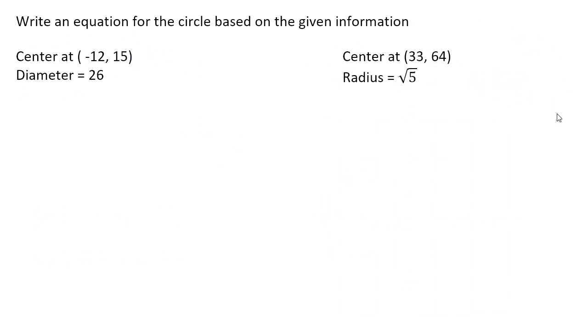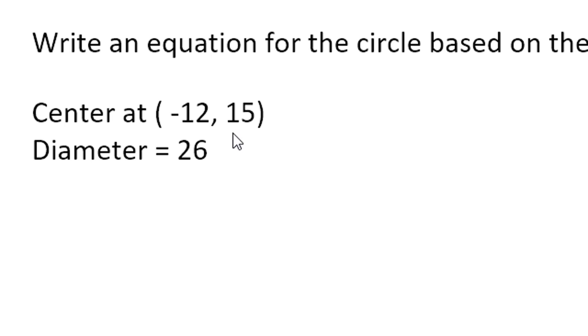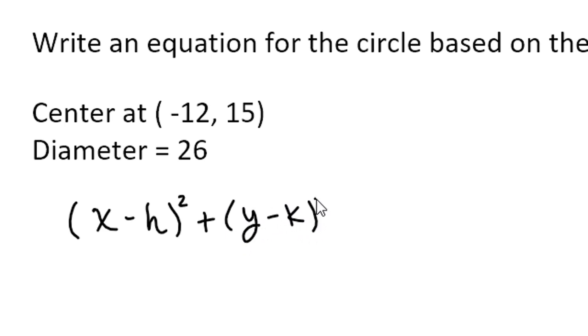These are the last two examples that I'll go over. We need to write the equation for the circle given the following information. The first one, we have the center of the circle at negative 12, positive 15, and we have a diameter of 26. So the equation needs to look like this: (x minus h) squared plus (y minus k) squared equals the radius squared.